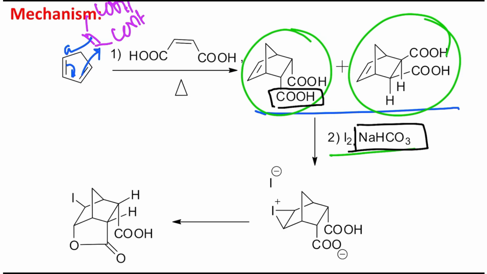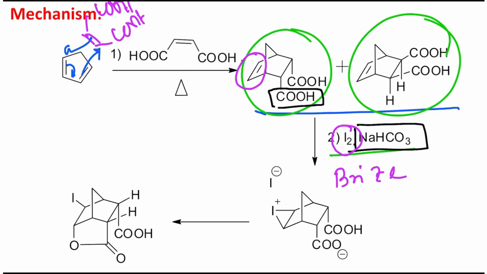The other is iodine, which reacts with this alkene because iodine acts as an electrophile here. So electrophilic addition to the alkene happens, and the reaction proceeds through a bridged iodonium ion. This is the bridged iodonium derivative, and this is the counter iodide.